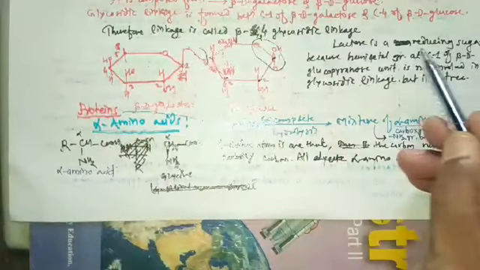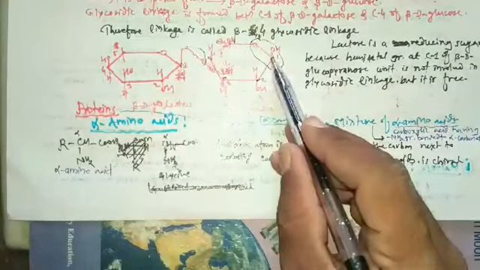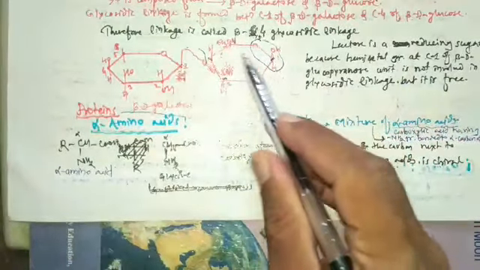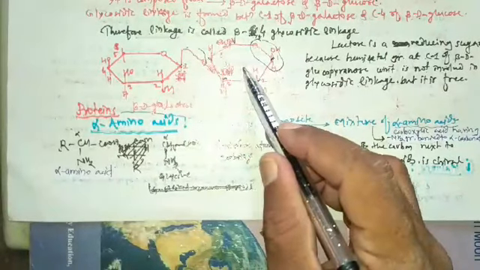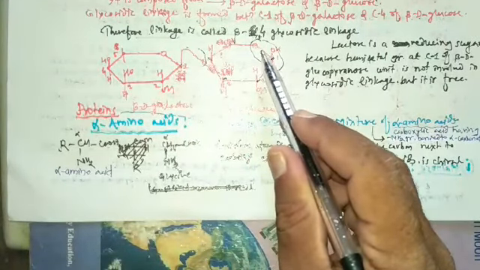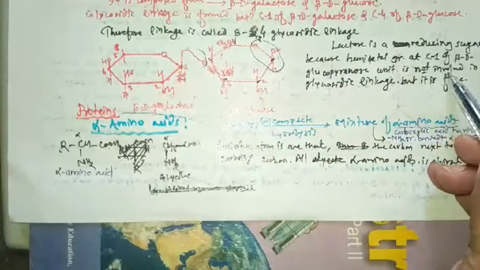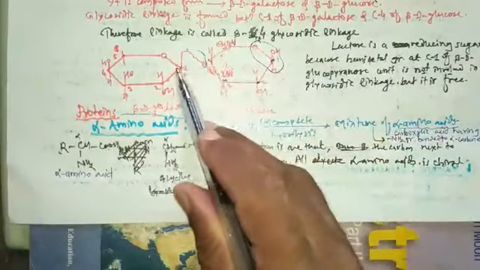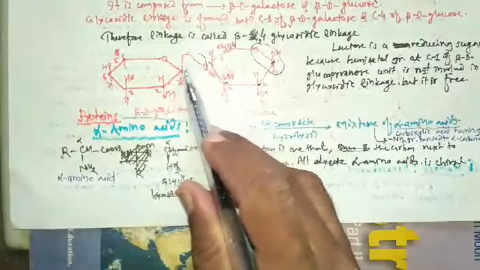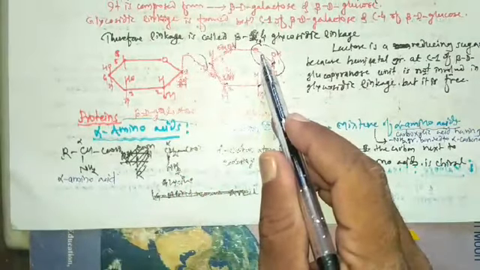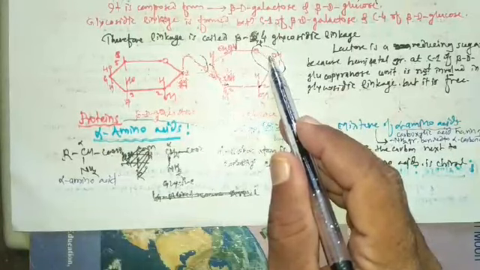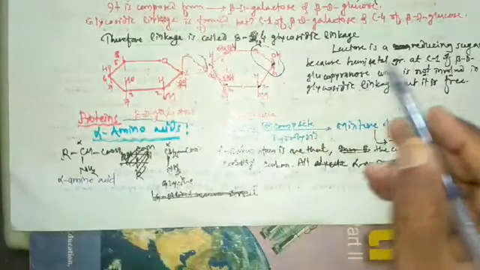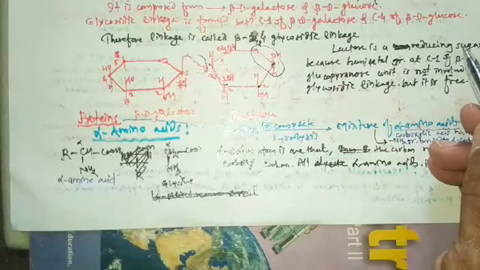This is beta D glucopyranose, and this hemiacetal group is not involved in the glycosidic linkage. Here these two are involved in the glycosidic linkage, but the hemiacetal group is free. That's why lactose is a reducing sugar.